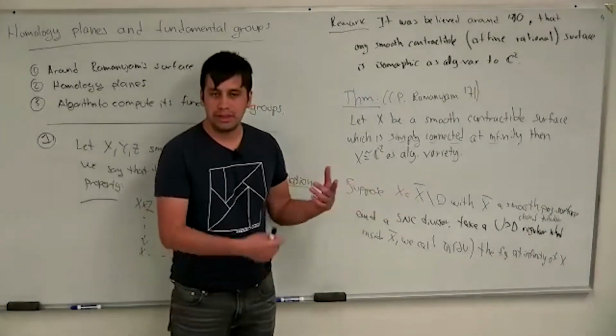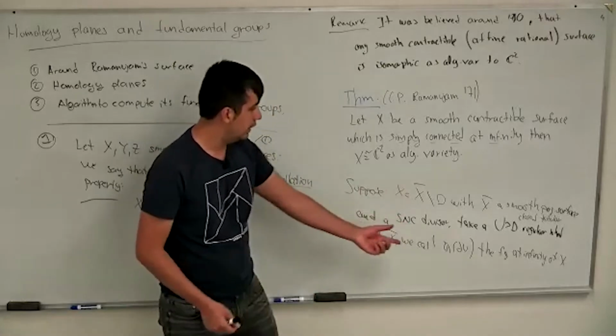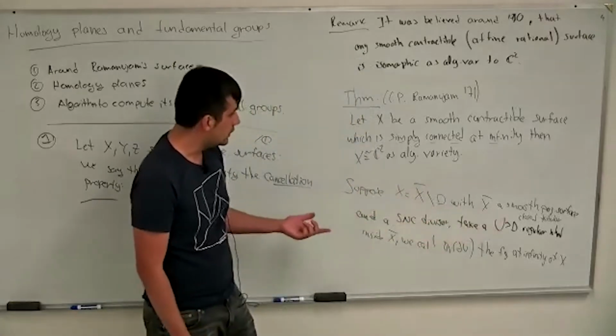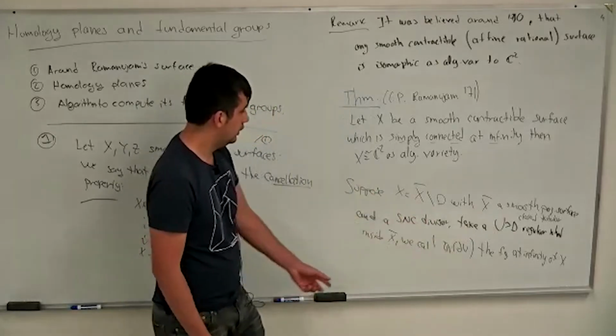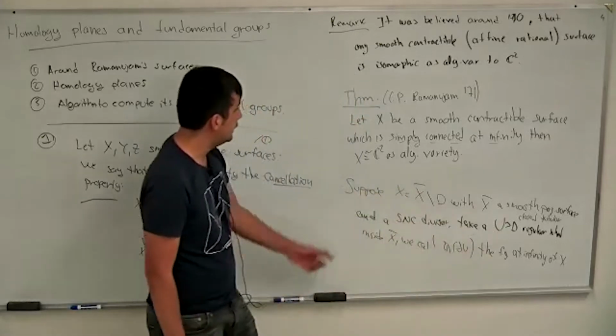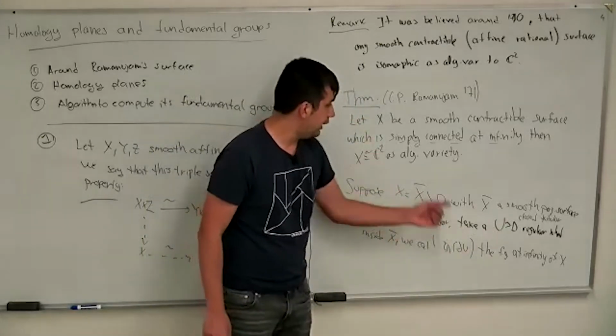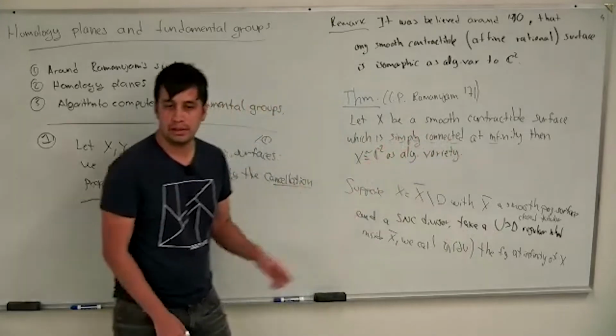We choose a compactification that is snc, and then we take a regular tubular closed neighborhood. Then we take the boundary of this, and this is going to be called the fundamental group at infinity. If this is trivial, then we get that X is simply connected at infinity.